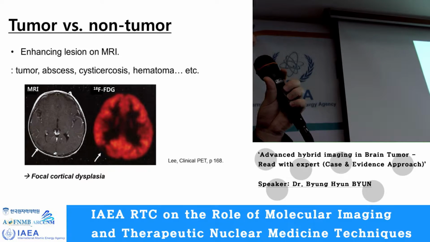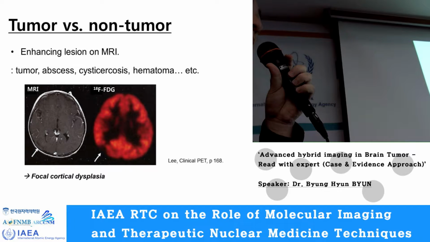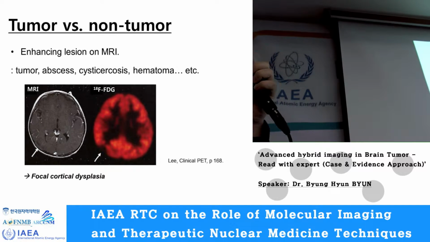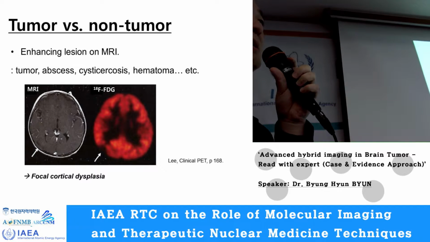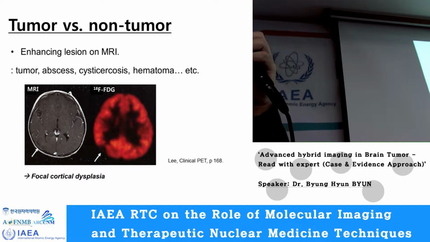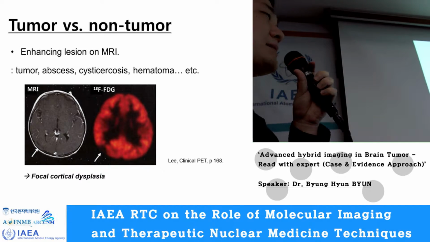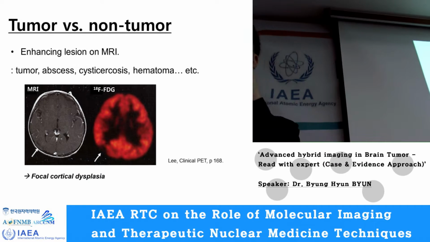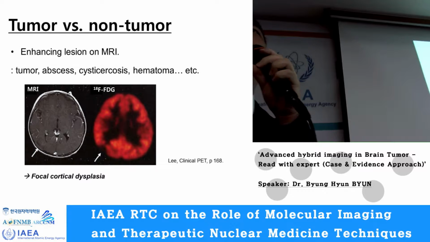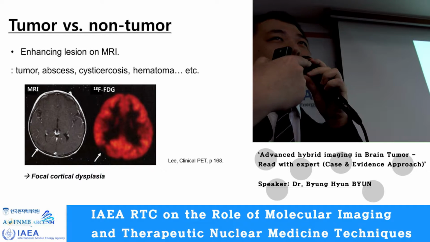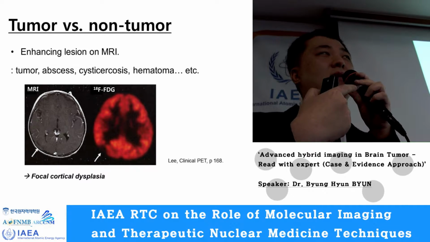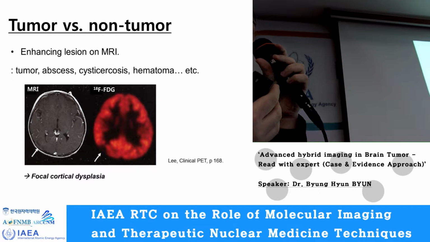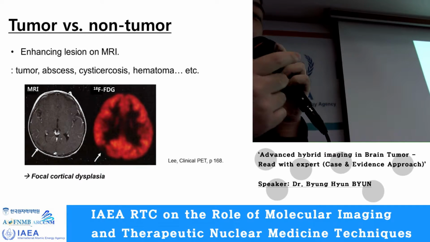Actually, this lesion was focal cortical dysplasia, a developmental abnormality. So maybe this region will not function well. So sometimes PET may be useful for differentiating tumor and non-tumorous regions, but there is some overlap between tumor and non-tumorous regions, especially the inflammatory brain regions. So it has some limitations.